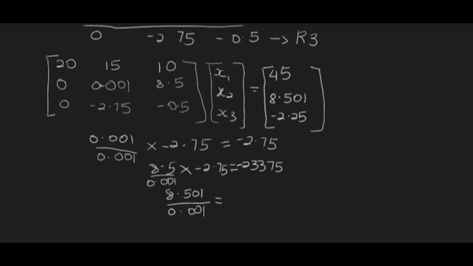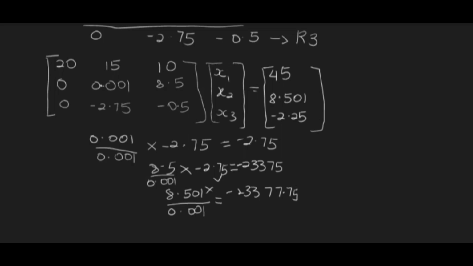So let me divide this first. 8.501 over 0.001, times negative 2.75. So we are going to get negative 23377.75.